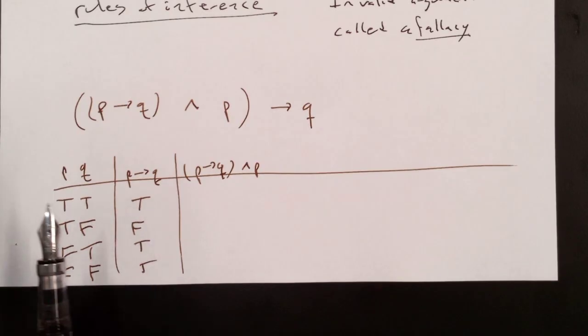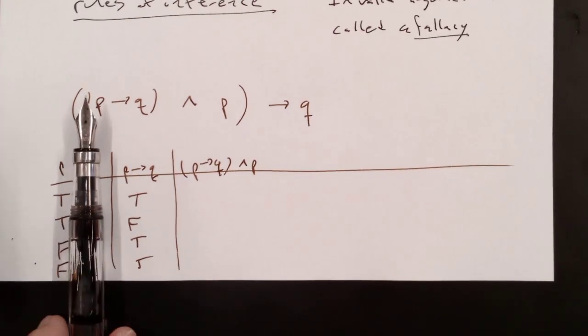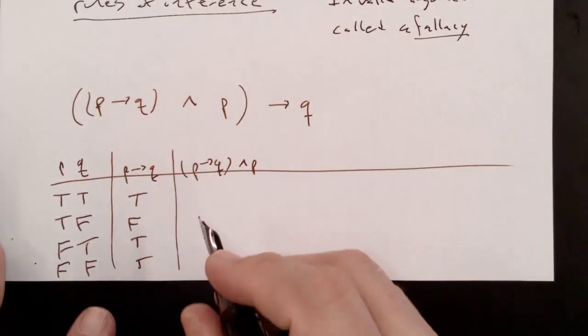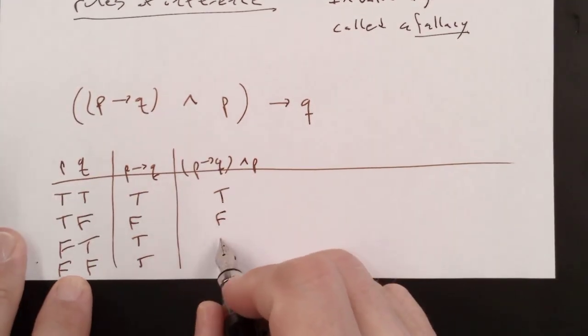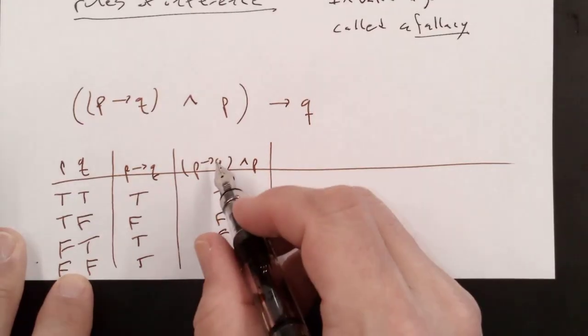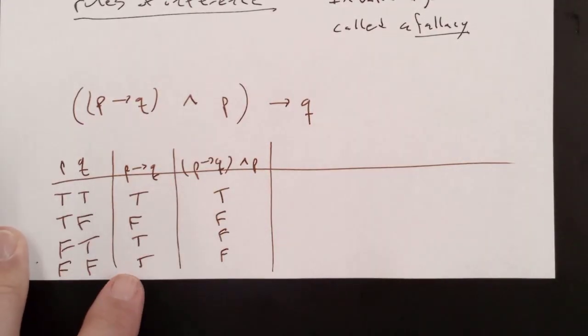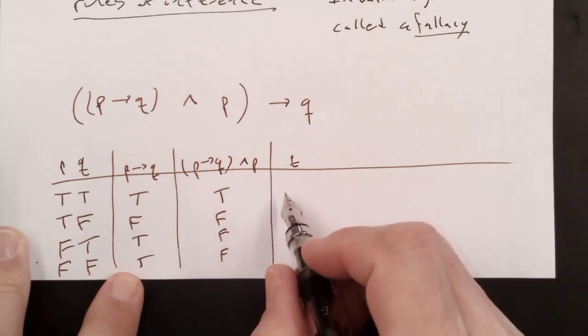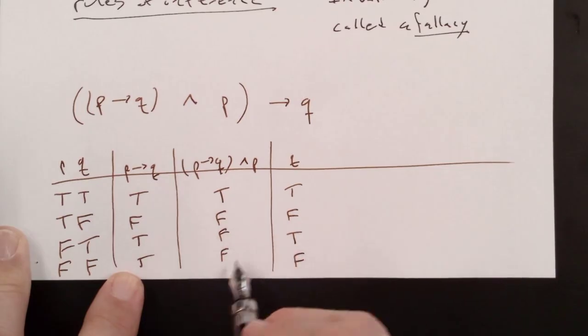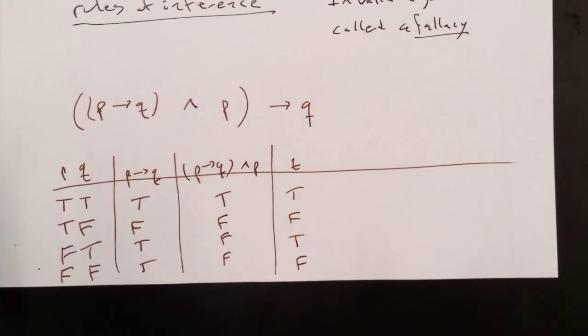I'm taking the implication and P, so I really don't need Q at the moment. Let's and those together. What do we get? Great. Now I want to do the whole thing, so I'm going to do this arrow Q. Here it might be worthwhile to copy over Q again so I can see exactly where the arrow would go, right?